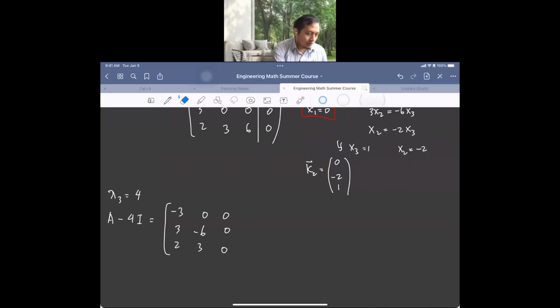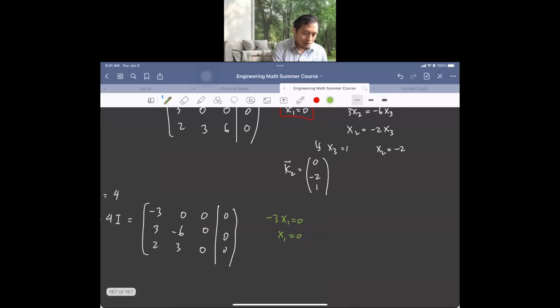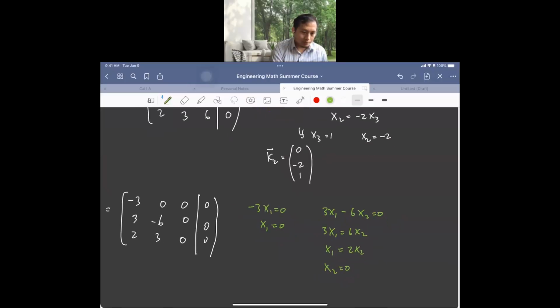I'll start solving with row echelon. So negative 3 x1 is 0, so x1 is 0. Then 3x1 minus 6x2, so 3x1 is equal to 6x2, or x1 is equal to 2x2. But since x1 is 0, x2 is also 0.